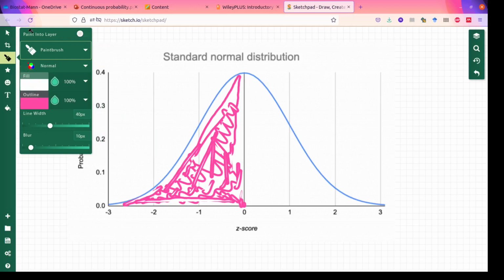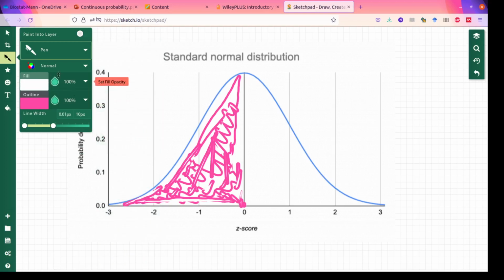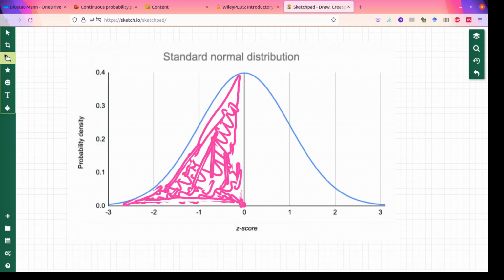Okay, much better. Let's look at the pen. Anyway, this here is our 0.5.